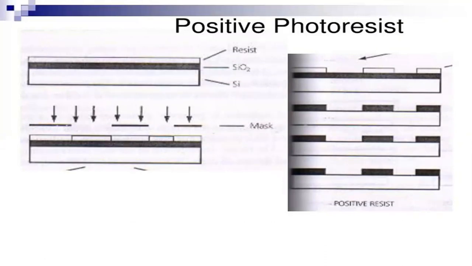So you can see the overall diagram of the positive photoresist: a silicon layer, a silicon oxide layer, and a resist layer, with a mask placed above the photoresist.